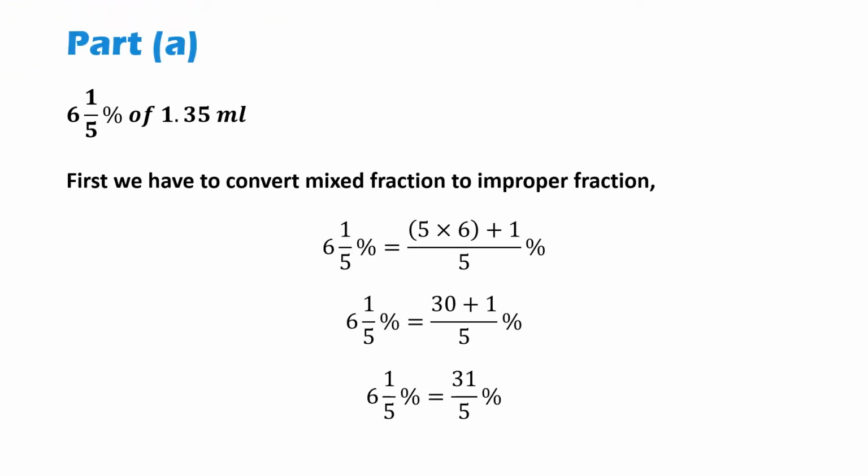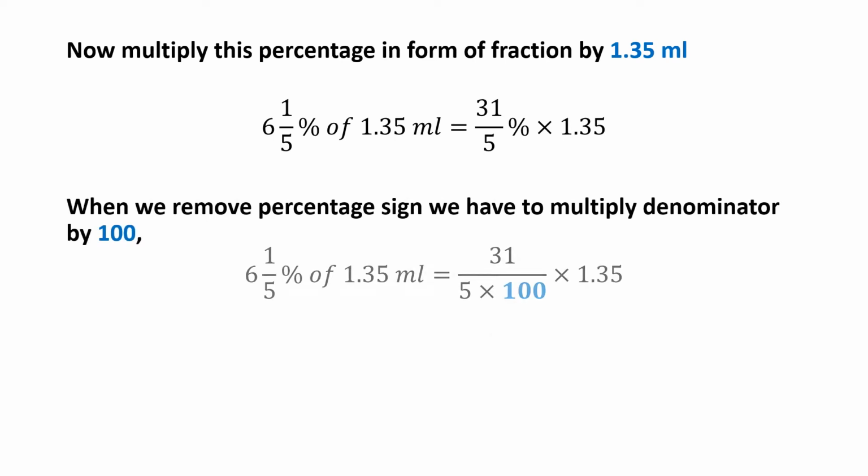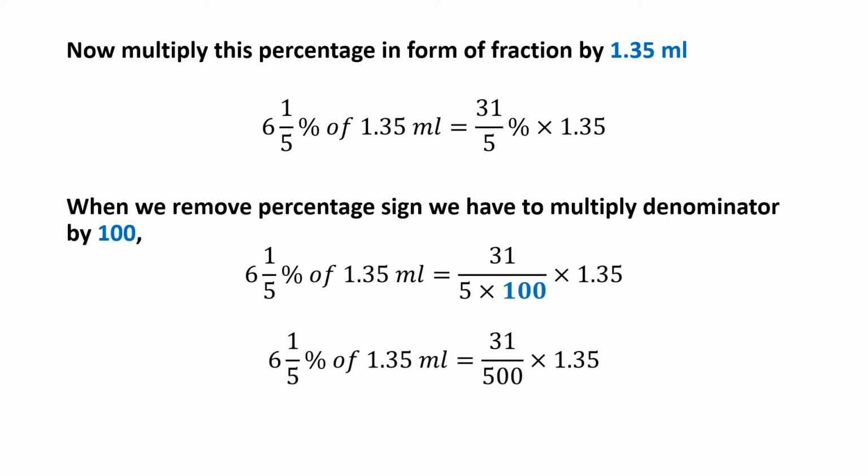Part A, 6 whole 1 upon 5% of 1.35 milliliter. First we have to convert the mixed fraction to an improper fraction as shown in steps. Now multiply this percentage in the form of a fraction by 1.35 ml, then remove the percentage sign by multiplying the denominator by 100, as shown in steps.